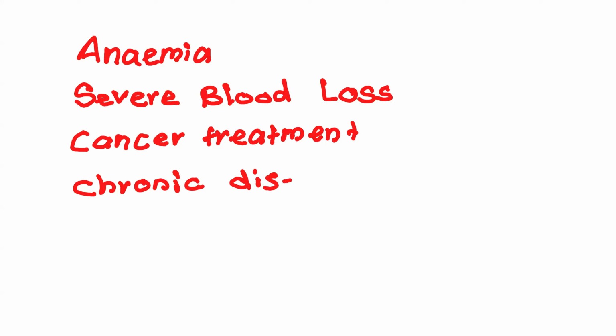Where is erythropoietin produced? In the kidneys. Erythropoietin is the essential component that a person needs to generate RBC.